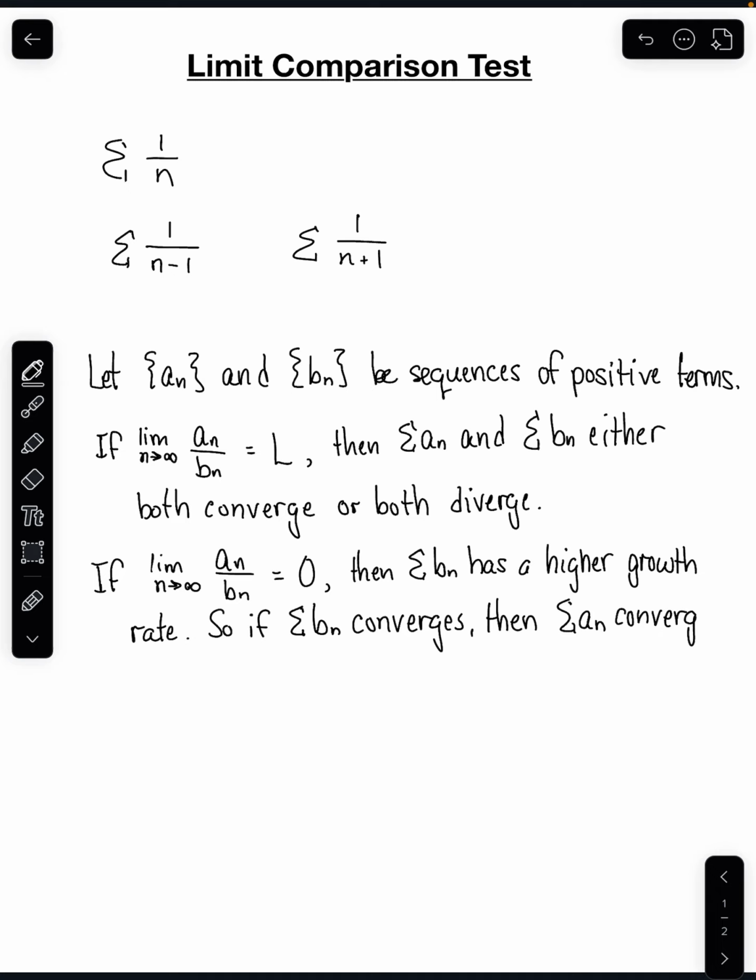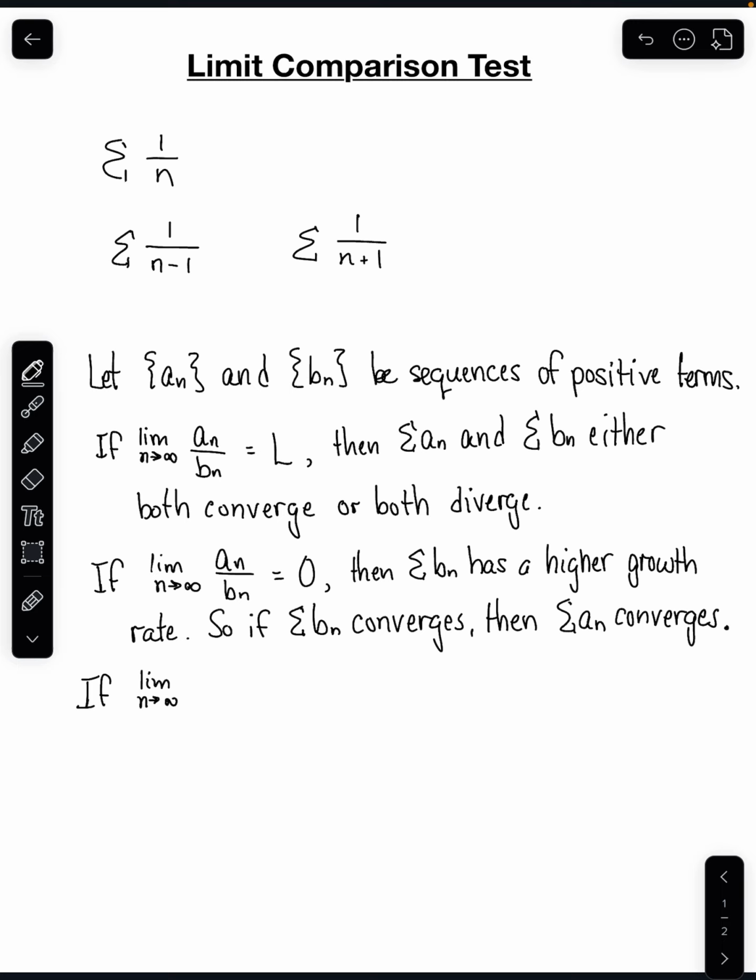This is based on the idea that if the terms of the sequence of b sub n are not shrinking as fast as those for a sub n, then that means the terms for a sub n are, term by term, smaller. And just as with the direct comparison test, if the bigger series converges, it forces the smaller series into convergence.